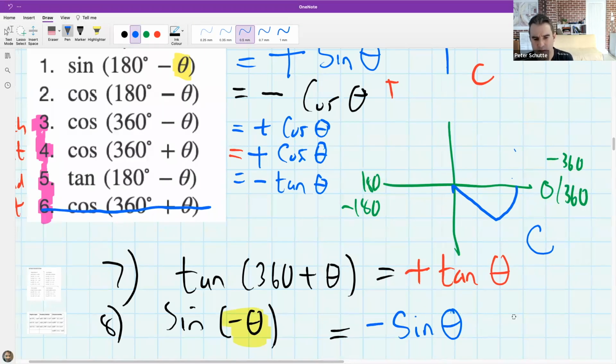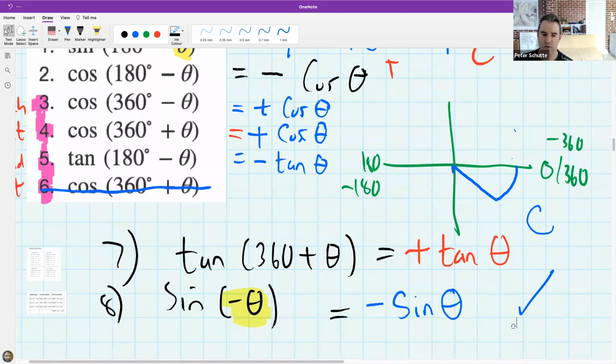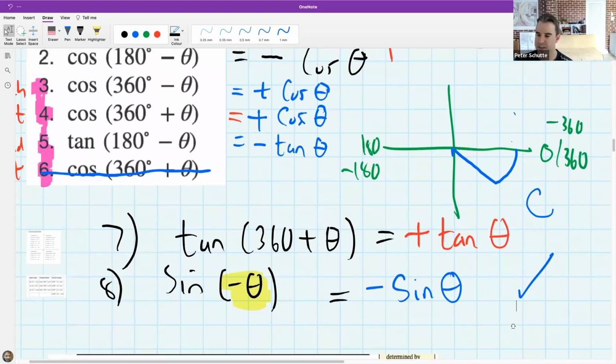Give me a thumbs up if you understand number 8. Give me a thumbs down if you don't understand number 8. I just want to get a sense of how reducing negative angles is going. I'll do one more like this. Okay, it's very much a mixture in the chat, so thank you for your feedback.